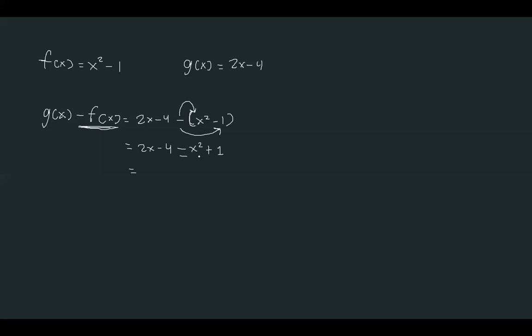We have negative x squared, which has the highest exponent, 2, so we put it in first place. Next we have 2x, because 2x basically means 2x raised to 1. Now, we're going to combine the constants, negative 4 and 1. Negative 4 plus 1 is negative 3.